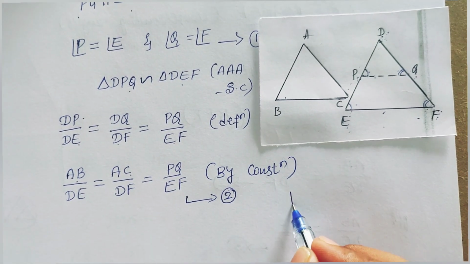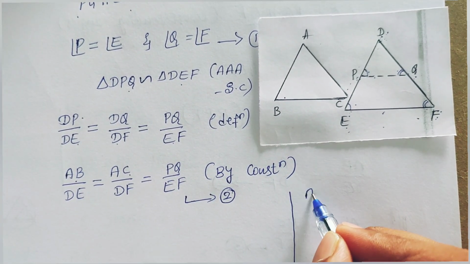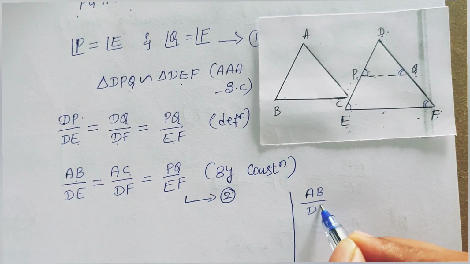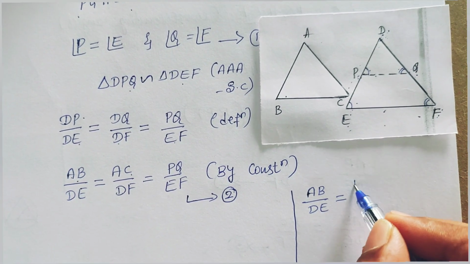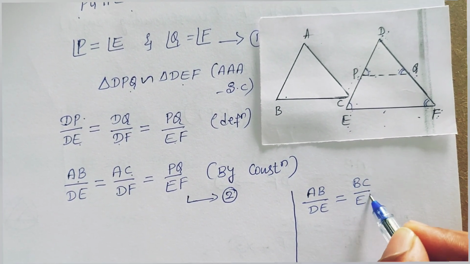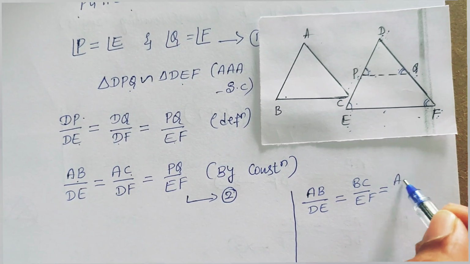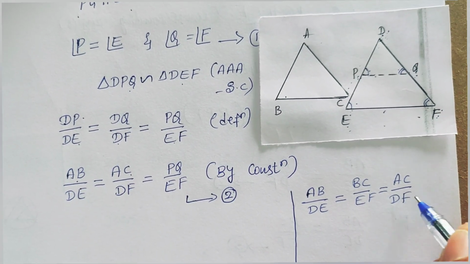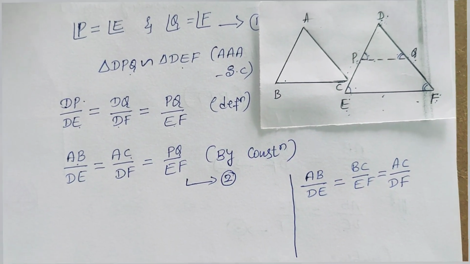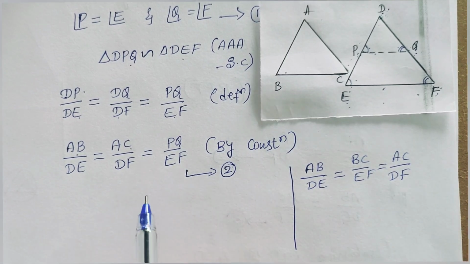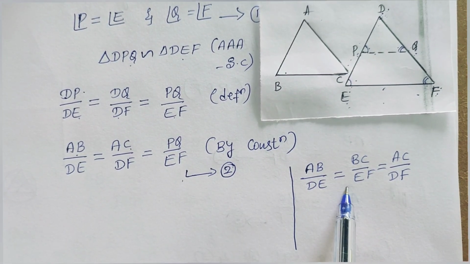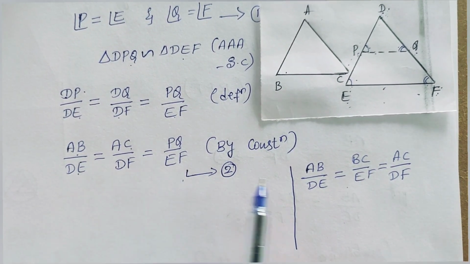So I will write the given here. Given is AB divided by DE equals BC divided by EF equals AC divided by DF. This is the data. Just compare equation 2 to the data. AB by DE is equal to AB by DE, the same.